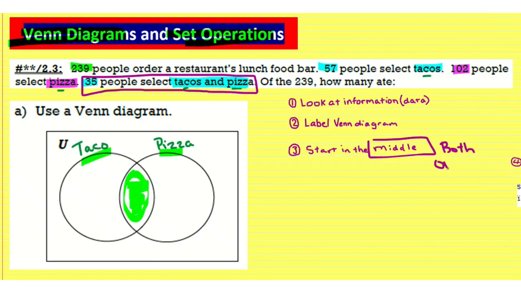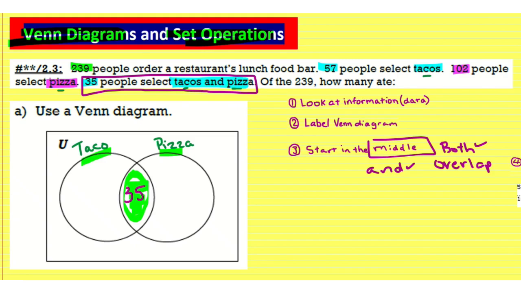It is an overlap area of the Venn diagrams, and it's always related to the word and as well. So it's like both tacos and pizza. How many people ate tacos and pizza? Well, 35. So 35 is going to go in the middle.